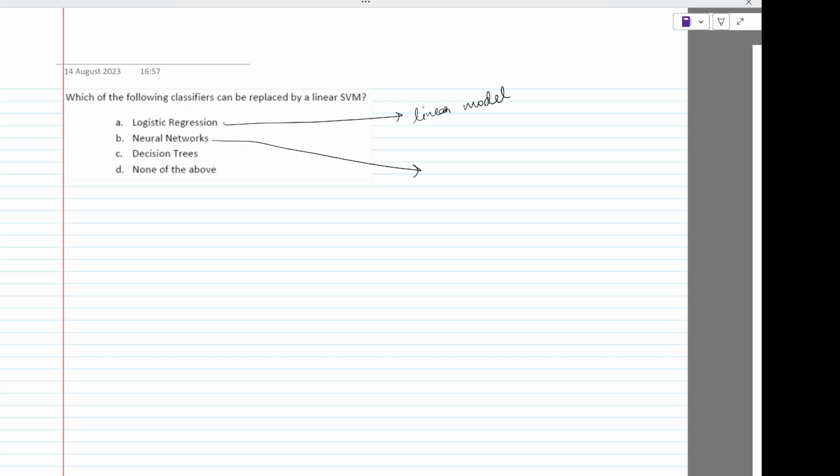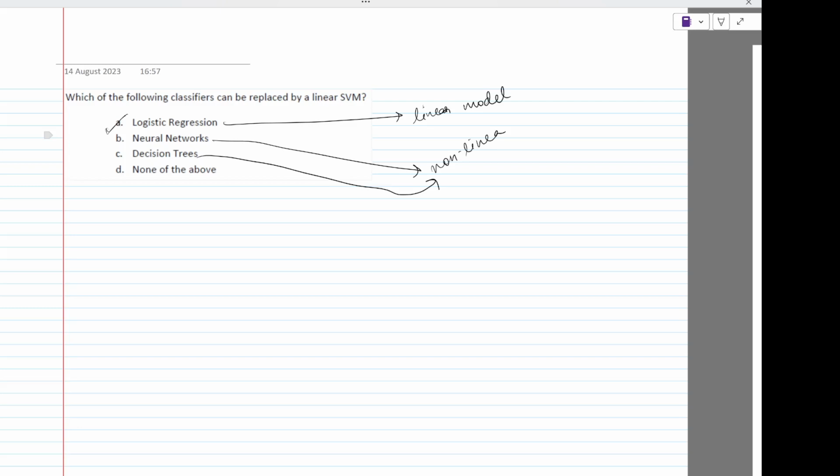Neural network is non-linear. Decision tree is also non-linear. So we can replace a linear SVM with logistic regression because both are linear models.